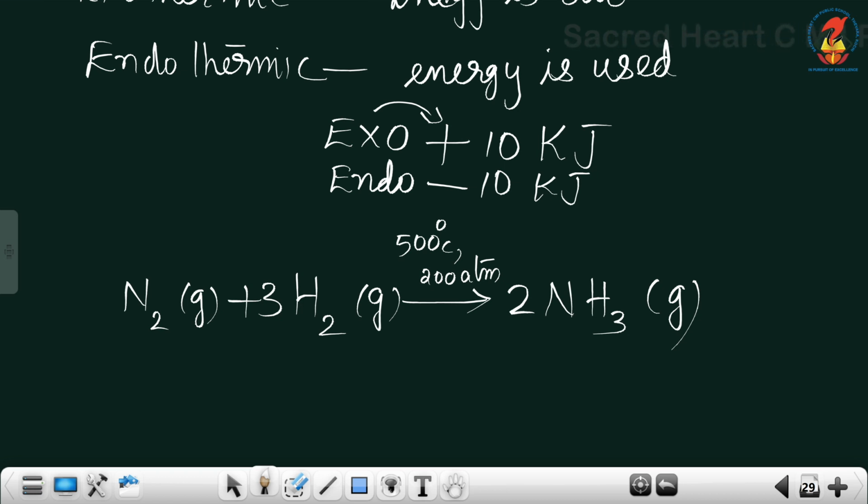Both conditions we mention there, and for this reaction to happen the presence of a catalyst is also required, that is iron. Iron is the catalyst used there. So, all these conditions and requirements we write just above or below the arrow to make the chemical equation more informative. Okay, so these are the different methods for making a balanced chemical equation more informative.